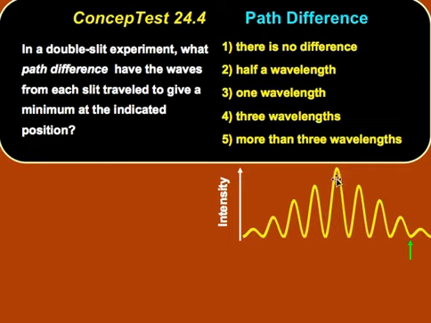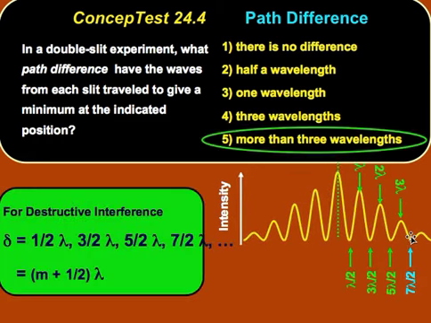Starting in the middle, both rays of light have traveled the same distance. For the next fringe, the difference in path is 1 lambda. For the next bright spot, it's 2 lambda. The next bright spot, it's 3 lambda. But we're looking at the next dark spot, so this must be 3.5 lambda. So the answer is 5, more than 3 wavelengths. But it's not just any old amount more, it's exactly 3.5 whole wavelengths, which they've written here as 7/2.